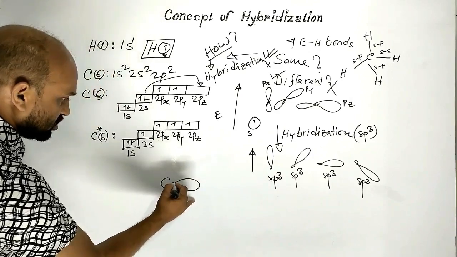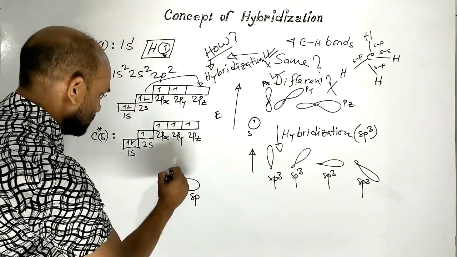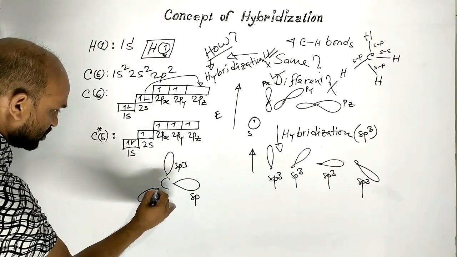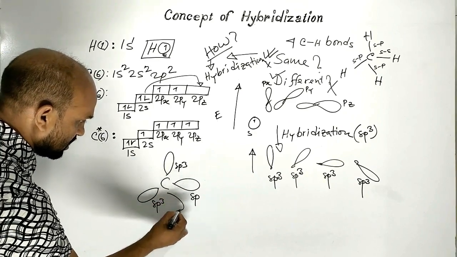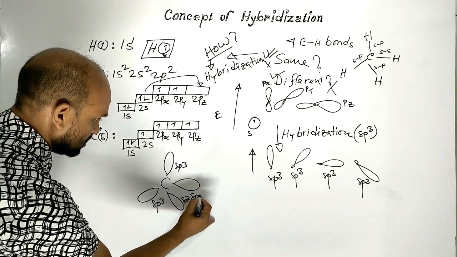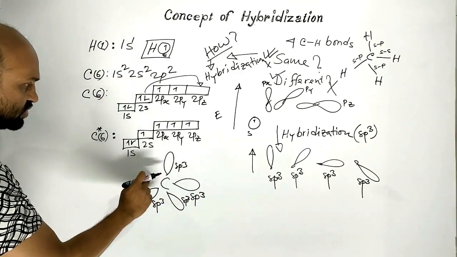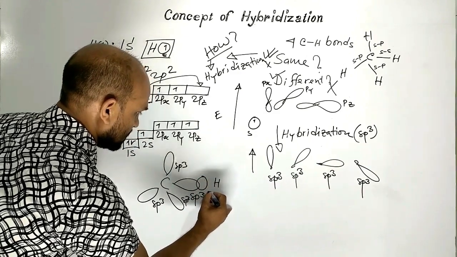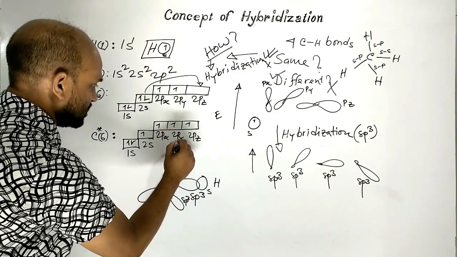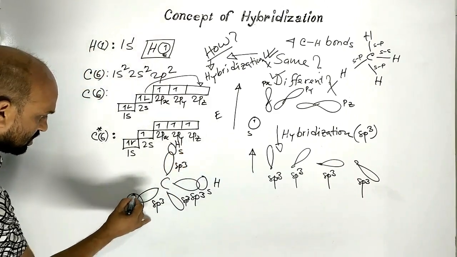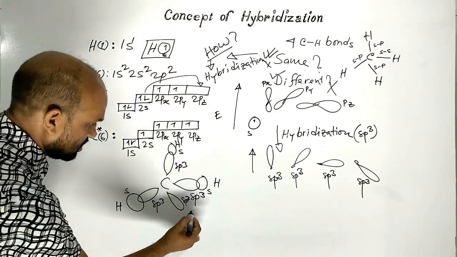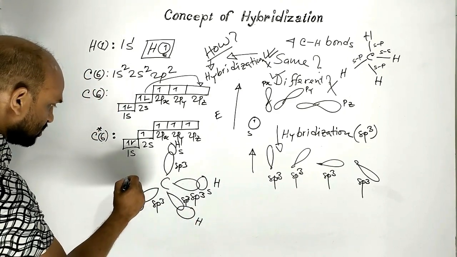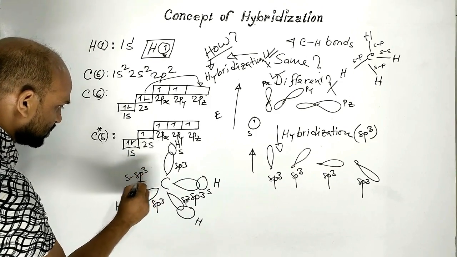The carbon hybrid orbitals, which are called sp3: one hybrid orbital, another, another, and another. So these four orbitals overlap with the s orbital of hydrogen. Here is the s orbital of hydrogen, another, and another. That is, this bond is formed by the overlap of s and an sp3 hybrid orbital.